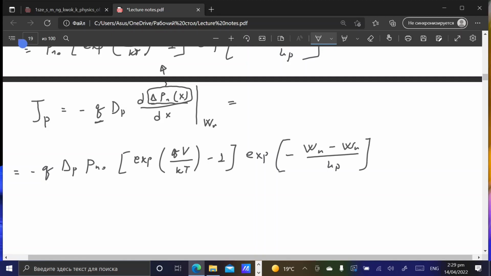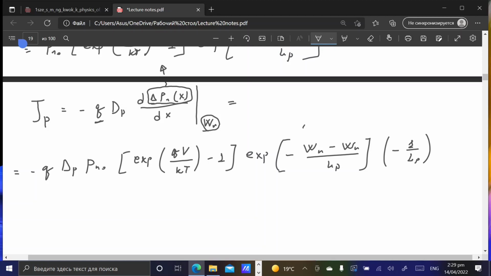And here there will also be, because we were taking a derivative, minus 1 over LP. So we don't have x because, instead of x, after taking this derivative, we substitute Wn, the coordinate of the edge between the depletion and neutral region in the n-type semiconductor.